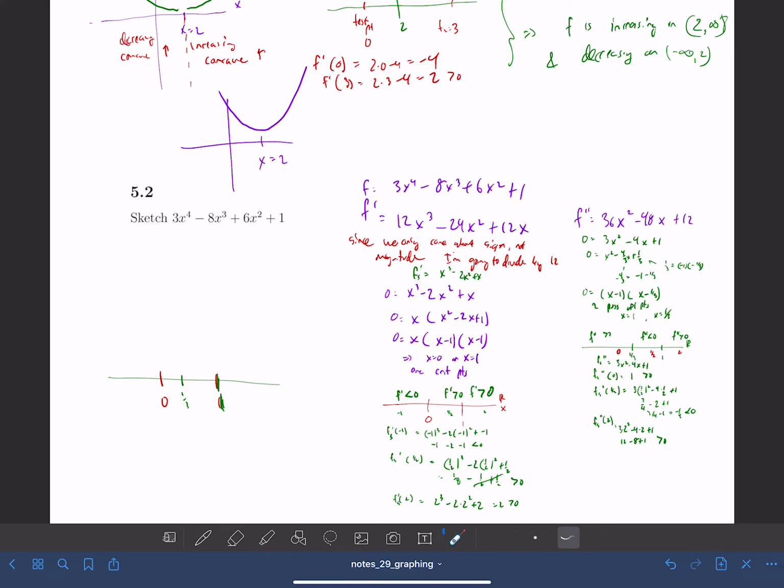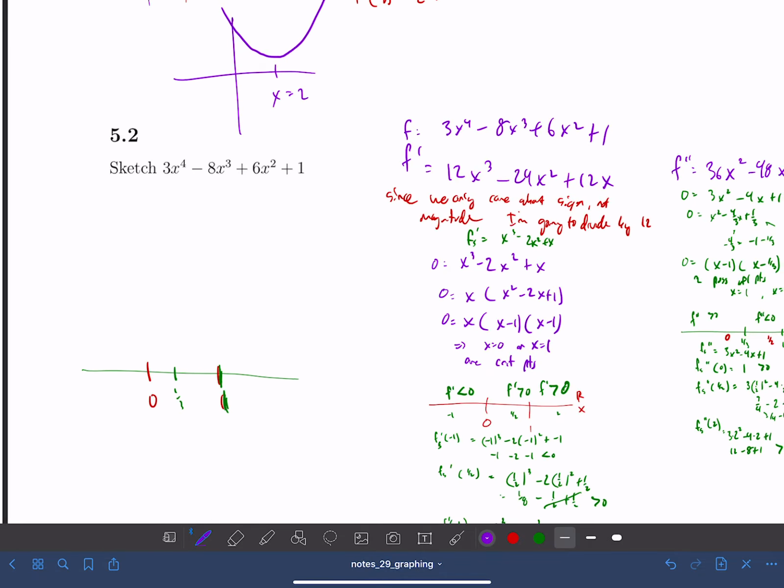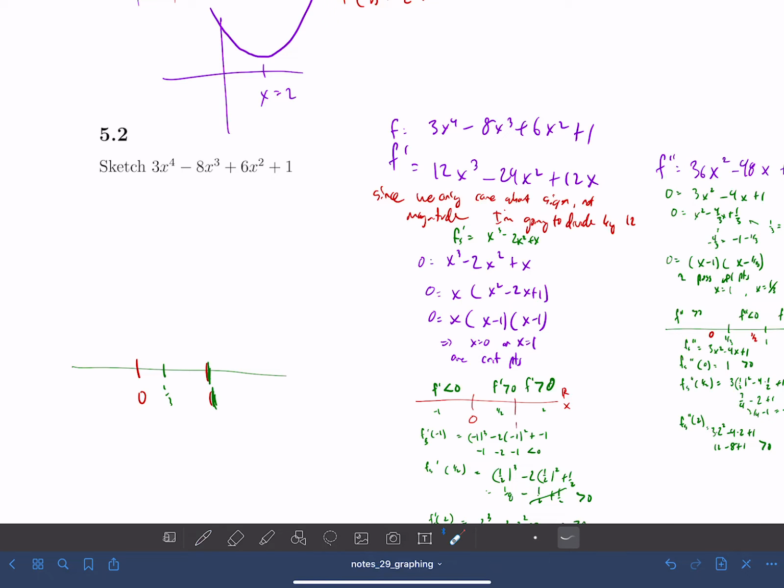For each of the intervals, I'm going to find whether it's increasing, decreasing, concave up, concave down. So let's take some notes. From negative infinity to 0, my function looks like it's decreasing because f prime is less than 0. Decreasing.